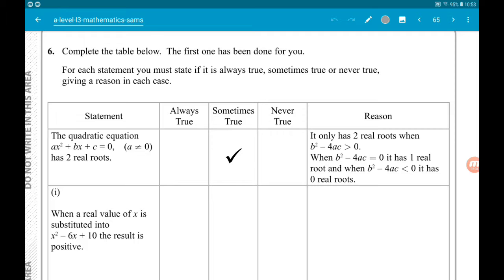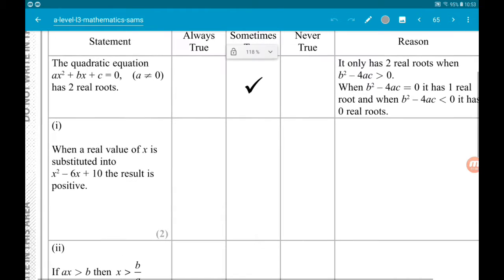So, before we can state an answer, we need to do a bit of workings out. To test whether a quadratic is always positive or always negative, we need to write it in the completed square form.